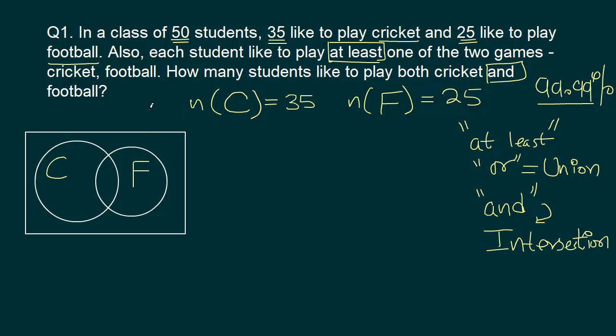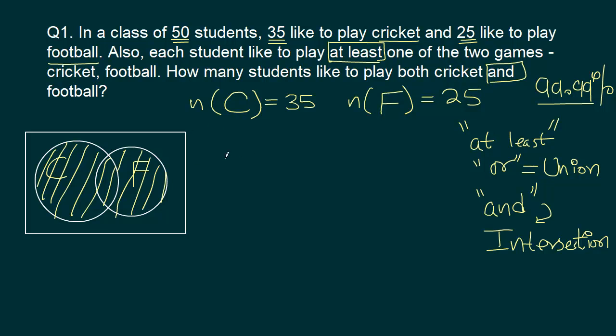So the second sentence means that the 50 kids, this represents kids who like cricket, this represents the kids who like football, and 50 students like at least cricket or football.